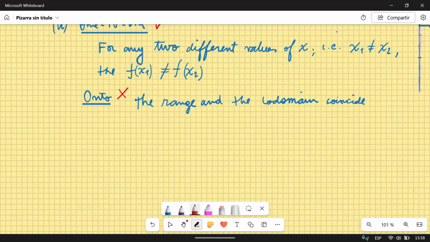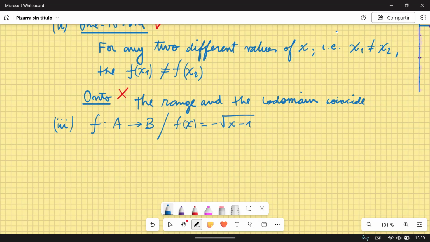To make it onto, what should happen? The range and the codomain must be the same. So for this, we will say the following. I will redefine the function as follows. F will be a new function from set A into set B, such that f of x, the formula is the same, negative root of x minus 1.